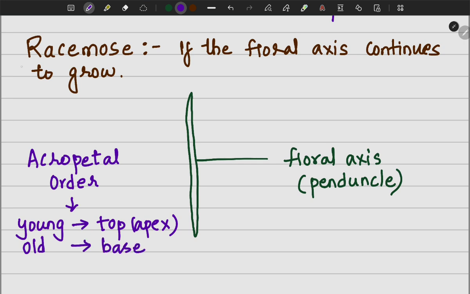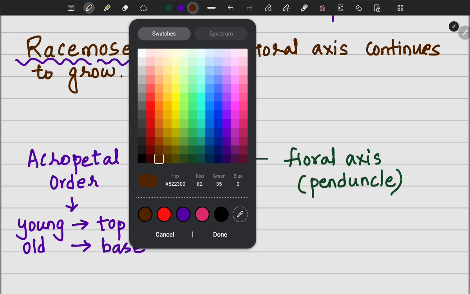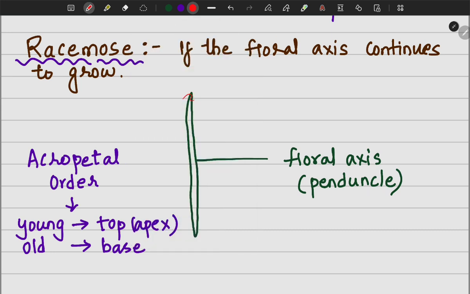So similarly, in racemose inflorescence, we see acropetal succession of the flowers. The floral axis continues to grow, and the flowers are born in acropetal succession.